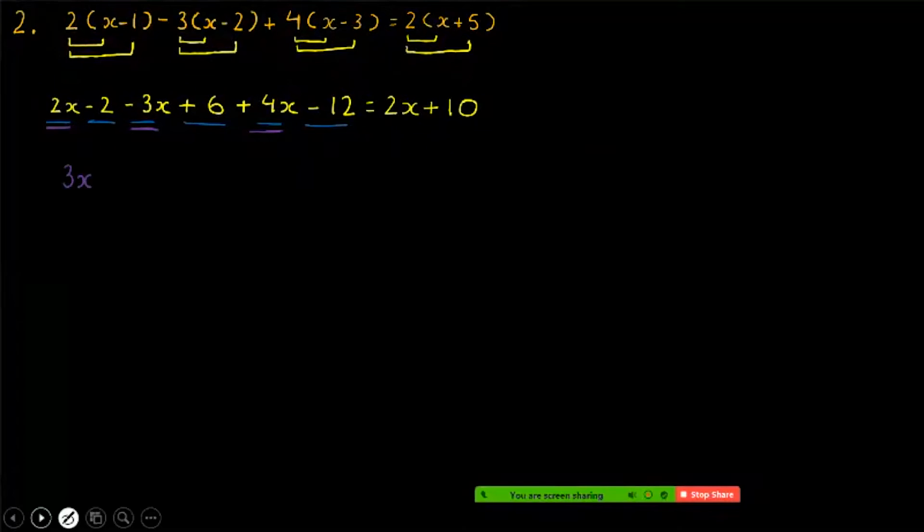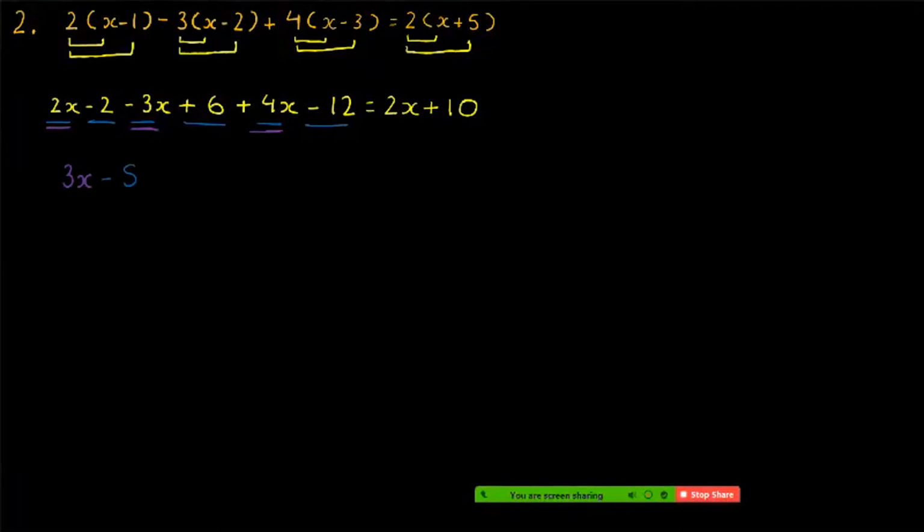And then let's work with constants. We have minus 2 plus 6 is plus 4, and we have minus 12. So minus 2 plus 6 is 4, minus 12 is minus 8.